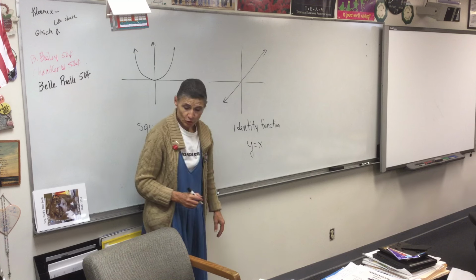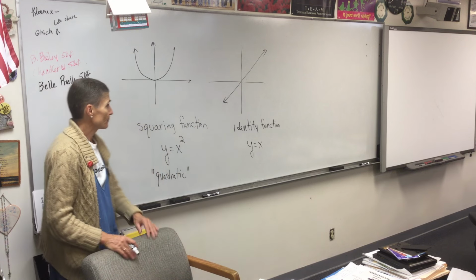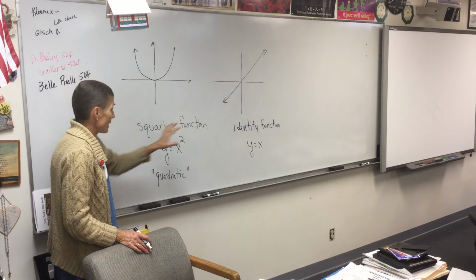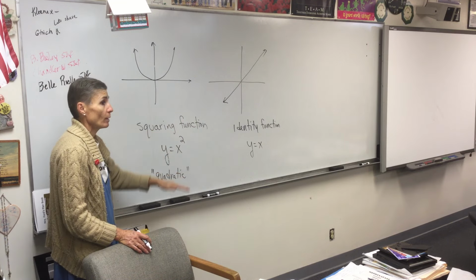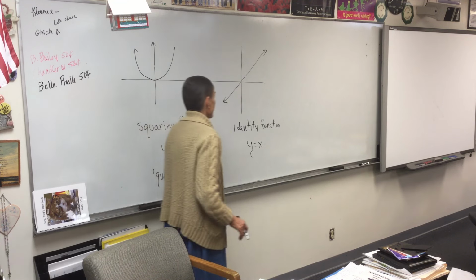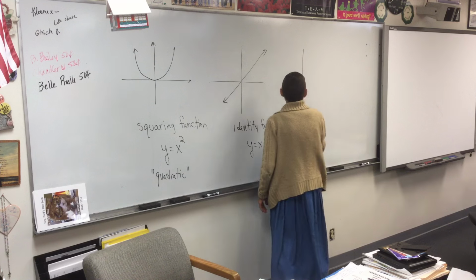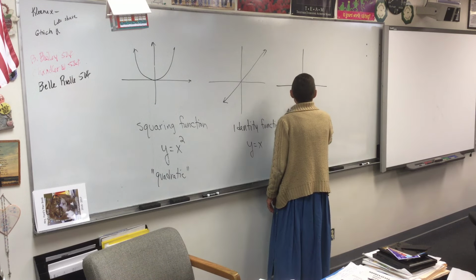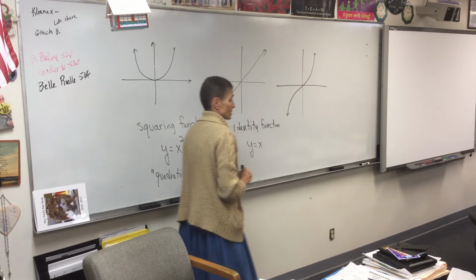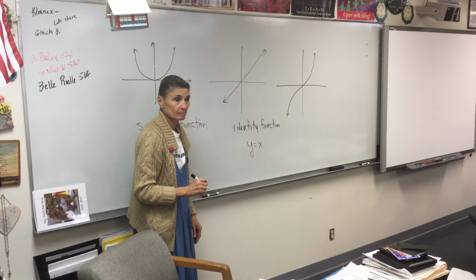So we now have two flashcards made. The front has a graph. The back has the name and the equation. The next one I want you to do is this one. Nice squiggly little line.